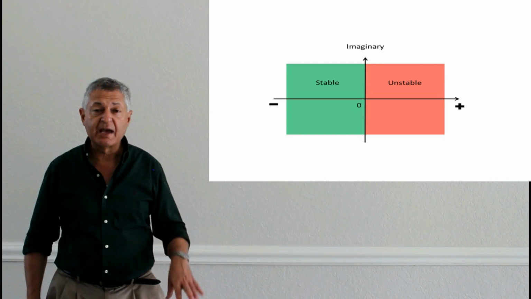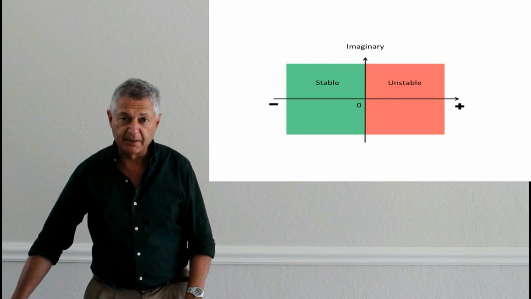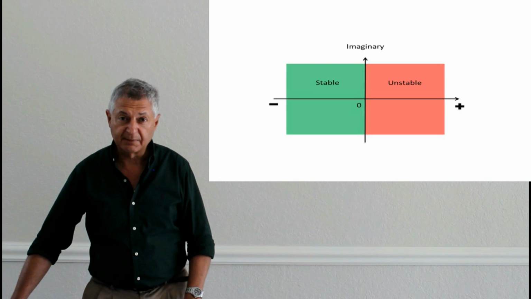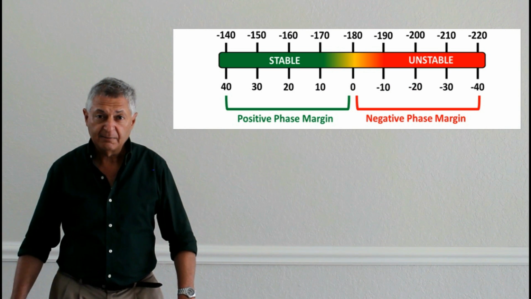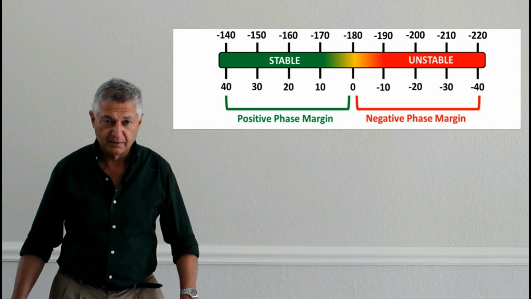We can change the design of the system or add controllers to make them stable in closed loop. Not all the time, by the way. Sometimes it's not possible. And we also have a way to measure instability, or how close we are to making the system unstable. One measure is phase margin.